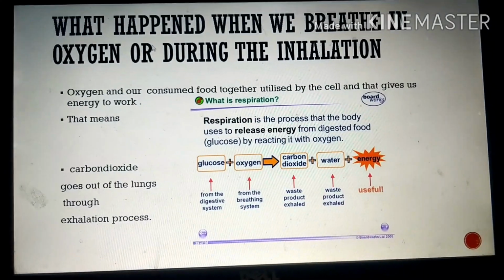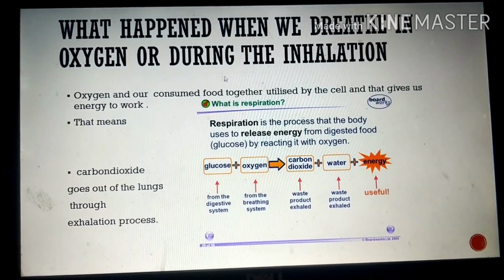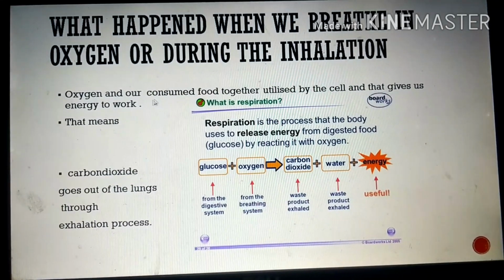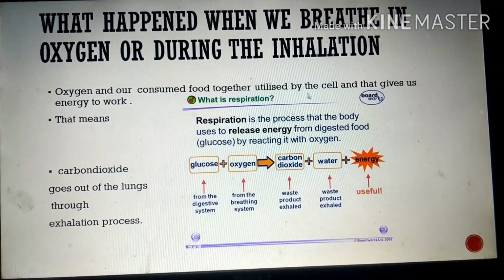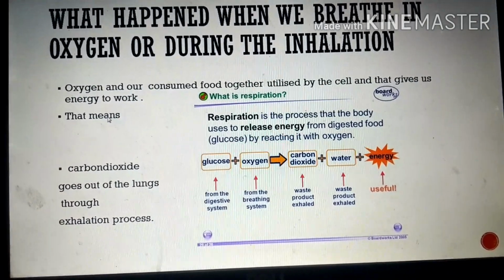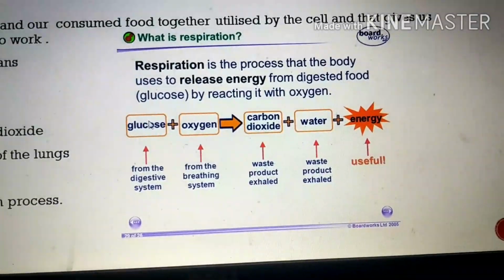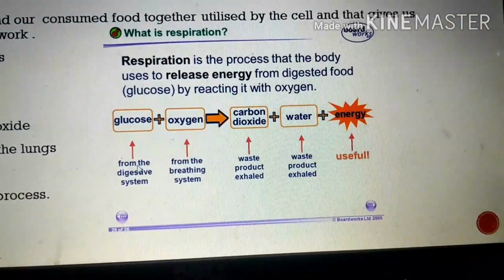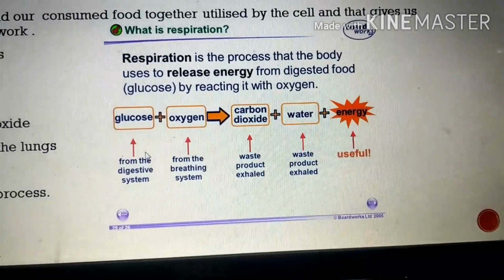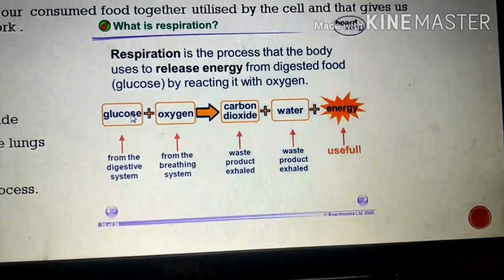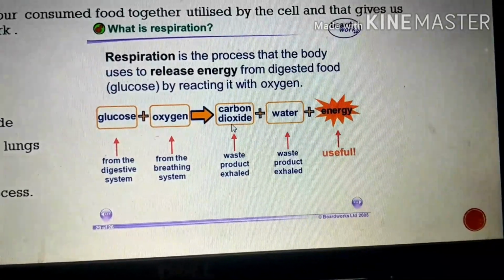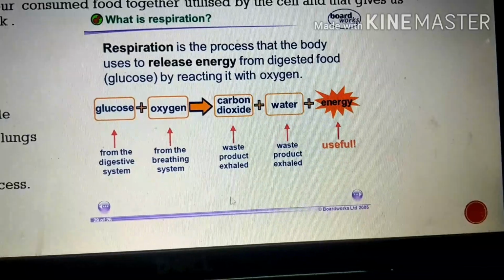Next is what happens when we breathe in oxygen, during the inhalation process. Oxygen and our consumed food are together utilized by the cells, and that gives us energy to work. That means, see here, there is glucose which came from the digestive system by digestion of our food. Then this glucose combines with the oxygen. Then it gives out carbon dioxide, which is the waste product.